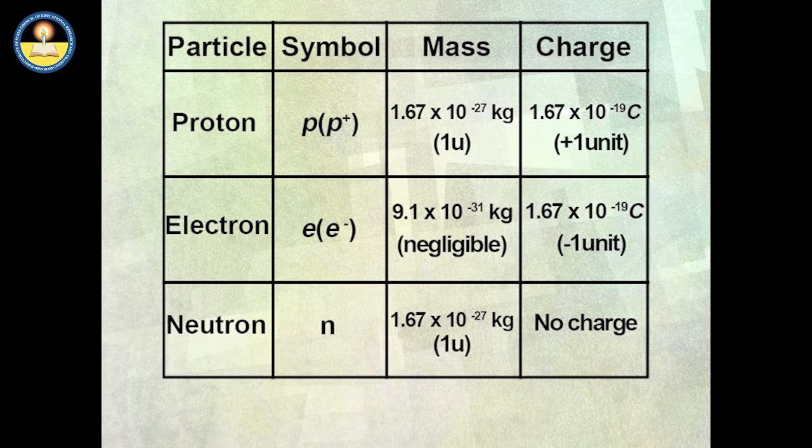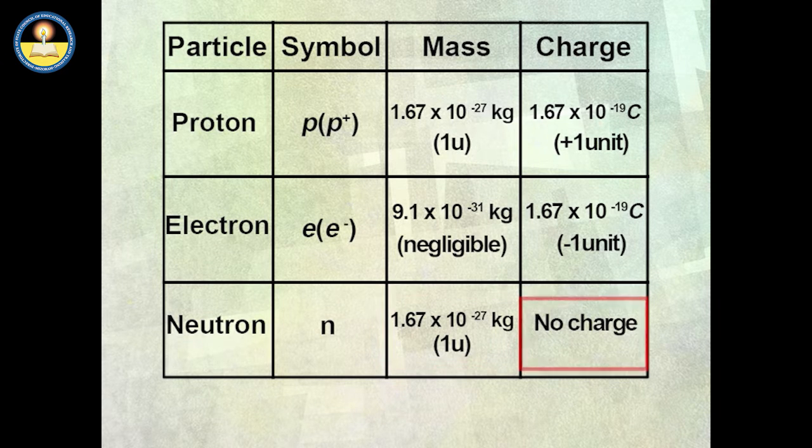Electron is e−, with a mass which is equal to 9.1 × 10^-31 kilograms, which is negligible, and a charge of 1.67 × 10^-19 coulombs. Neutron is denoted by the symbol n with a mass of 1.67 × 10^-27 kilograms and no charge.